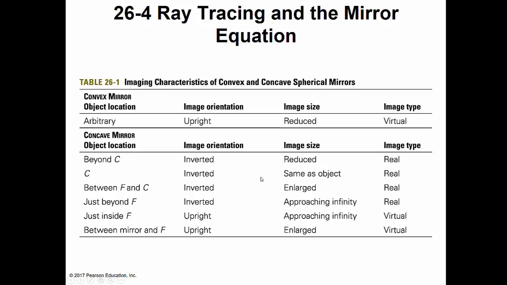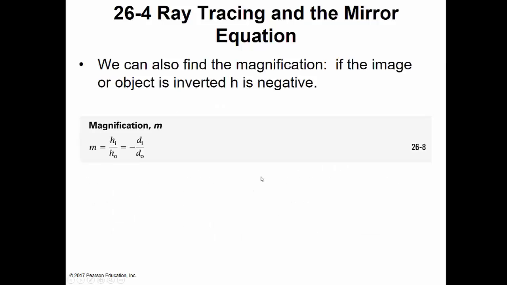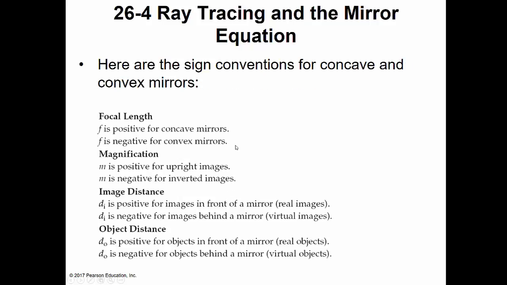So when we use the lens maker or the mirror equation, we can also derive from similar triangles that the magnification, which is how big the image is compared to the object height, is equal to negative di over do. In general, focal length is positive for concave mirrors because they converge light.